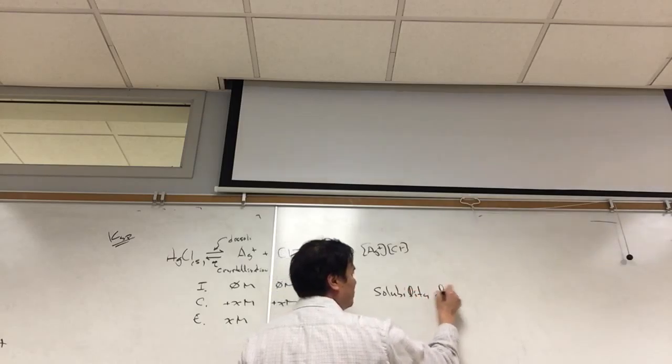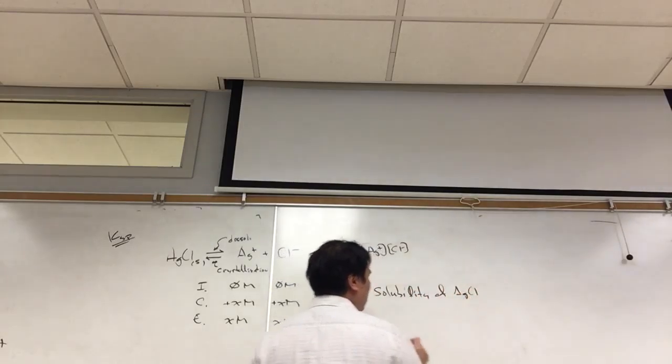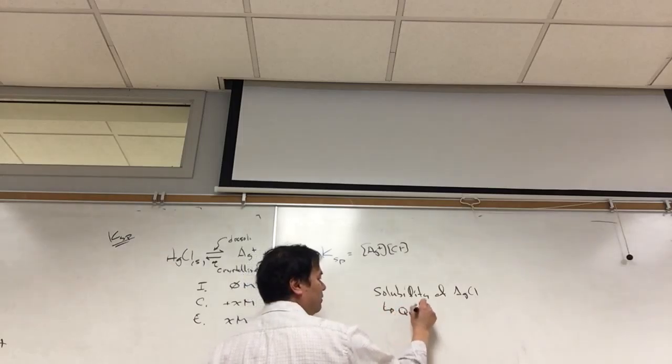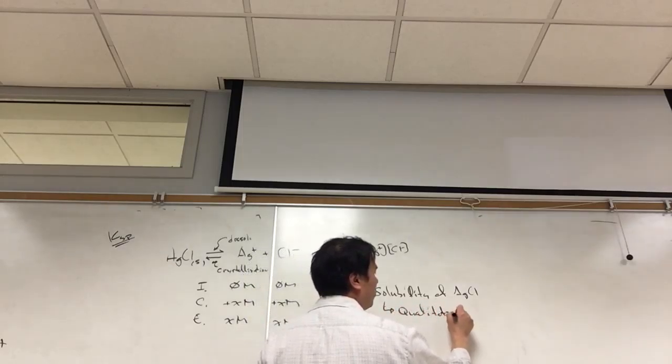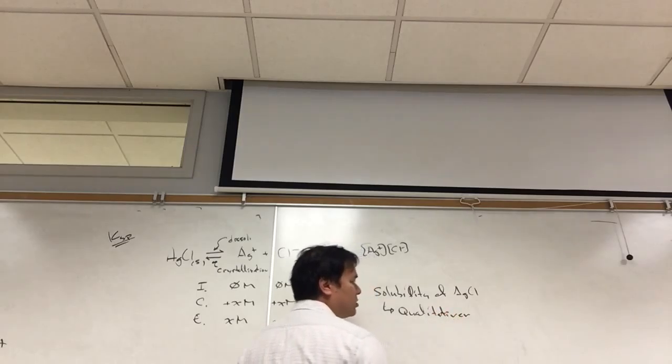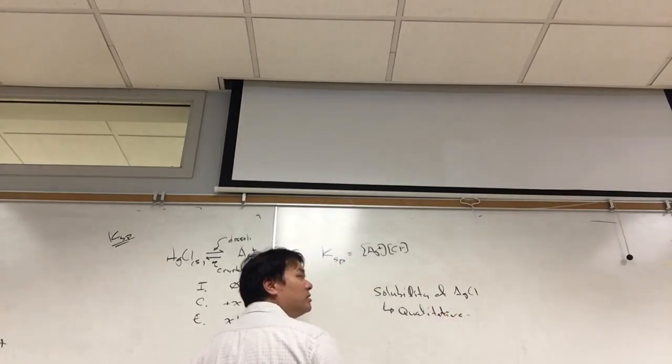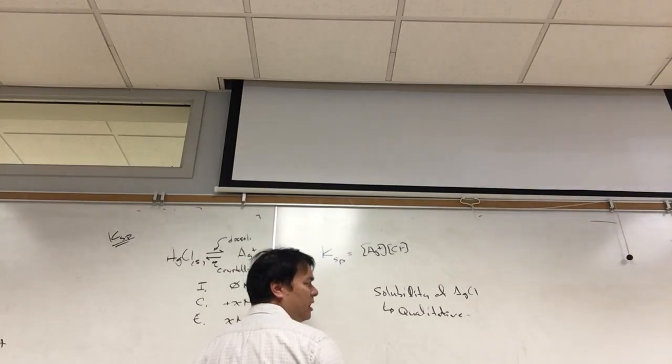The solubility of silver chloride. There are different ways we talk about the solubility. One is qualitative. Chlorides, bromides, and iodides are all soluble except for silver, lead, and mercury.